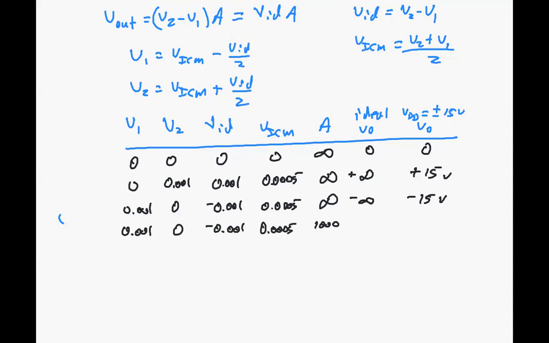But our actual gain is no longer infinity, it's 1,000. That means we would have an actual output of minus 1 volt. And with this real power supply limit, we would also have an output of minus 1 volt, exactly the same, because we have not exceeded this limit of plus or minus 15 volts.